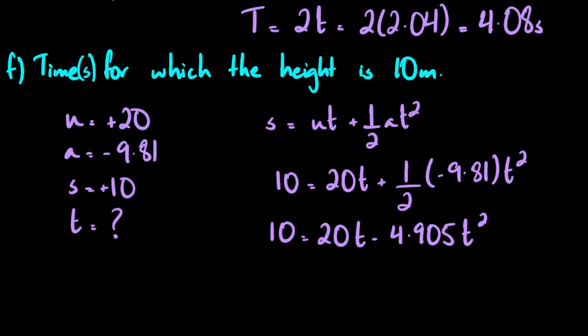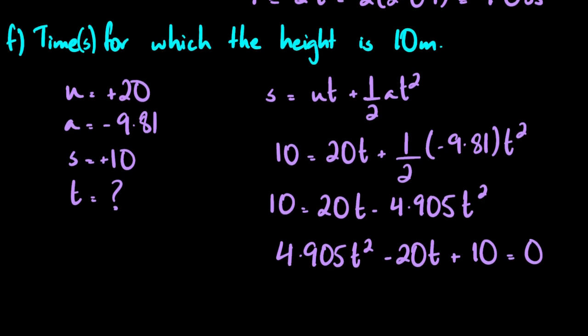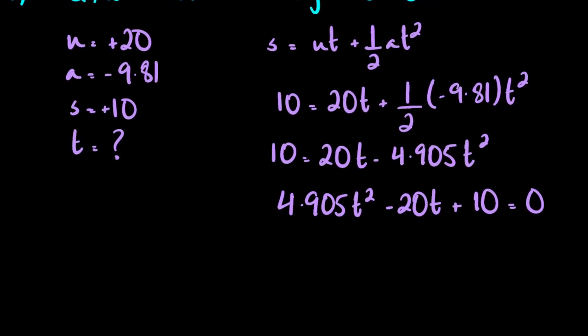So taking everything on one side, this becomes 4.905 t square minus 20t plus 10 equals 0. And if you just go ahead and solve this quadratic equation in your calculator, the times turn out to be 0.584 and 3.49 seconds, right?